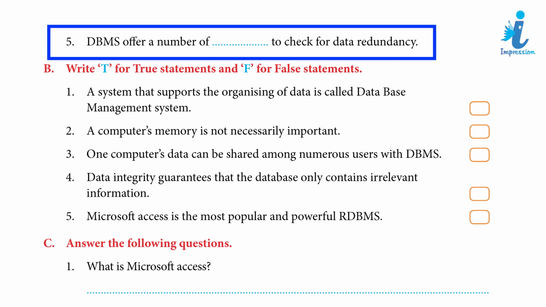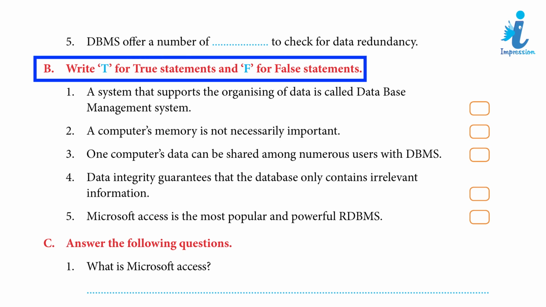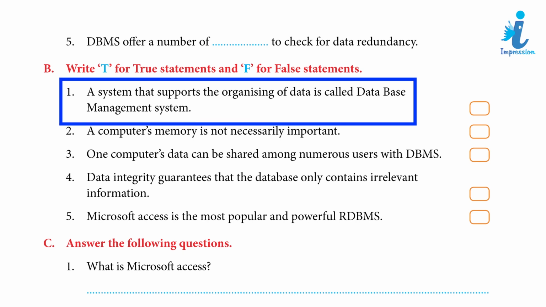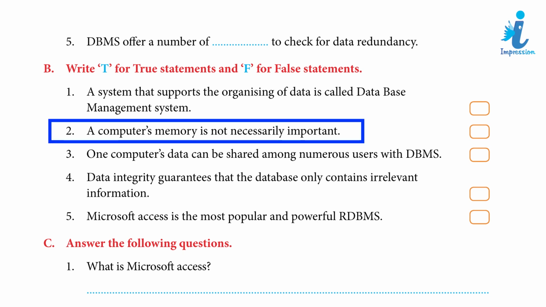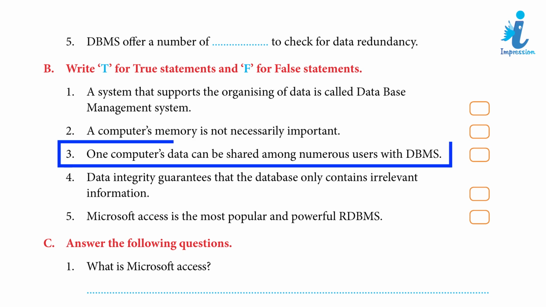Answer: location. B. Write T for true statements and F for false statements. 1. A system that supports the organizing of data is called a database management system. Answer: true. 2. A computer's memory is not necessarily important. Answer: false. 3. One computer's data can be shared among numerous users with DBMS.